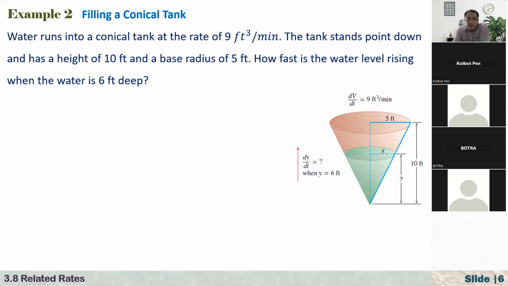Anyway, it's the American system, that's why it's given in feet, and I don't want to change the picture here. So the tank stands point down and has a height of 10 feet and a base radius of 5 feet. The question is, how fast is the water level rising when the water is 6 feet deep?